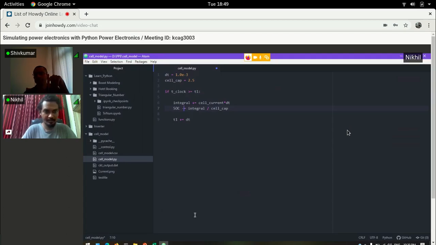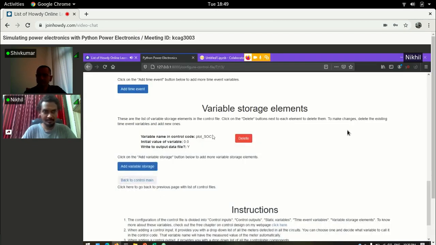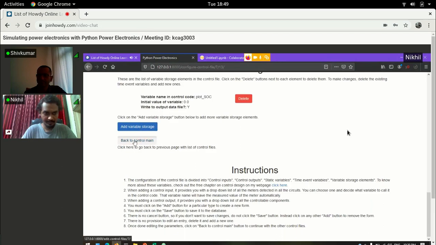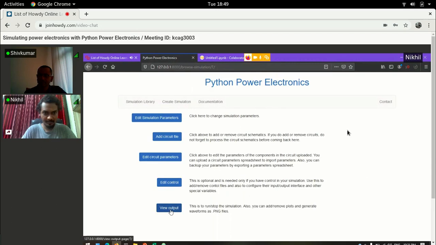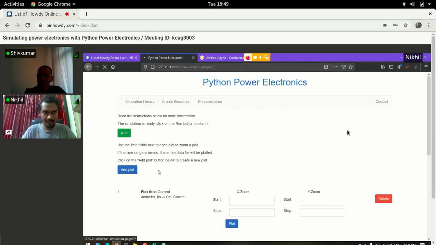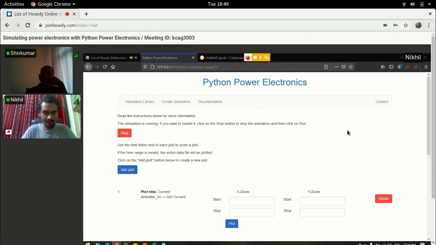And you can use it here and just say that plot SOC is equal to the SOC. So now you can run this file and plot your SOC.